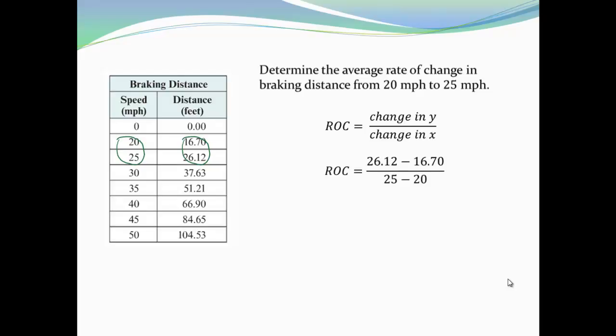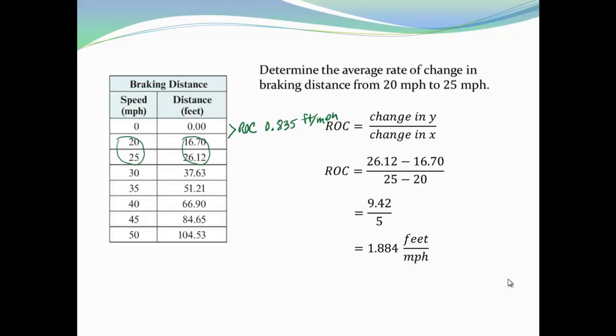Then we write the difference in the change in Y over the difference in the change in X. Once we subtract, we find that we have 9.42 over 5. Our average rate of change in the braking distance from 20 miles per hour to 25 miles per hour is 1.884 feet per mile per hour.